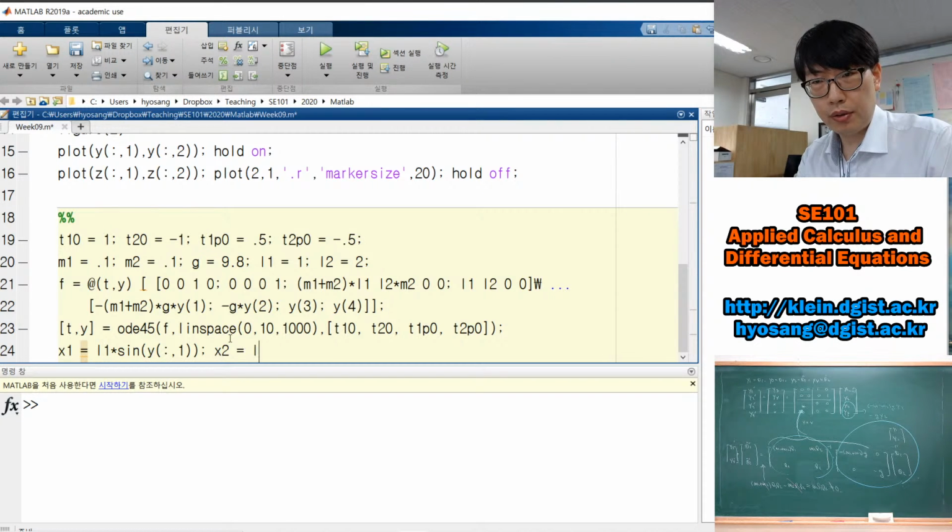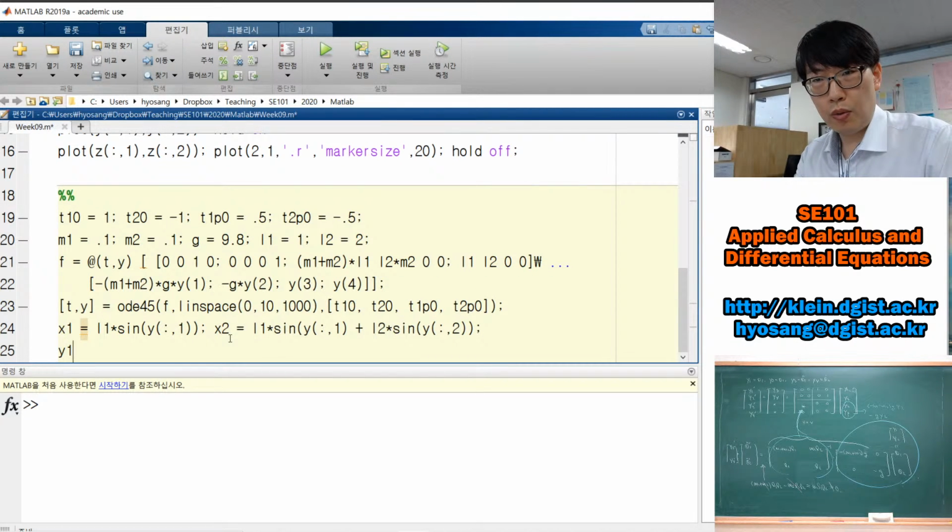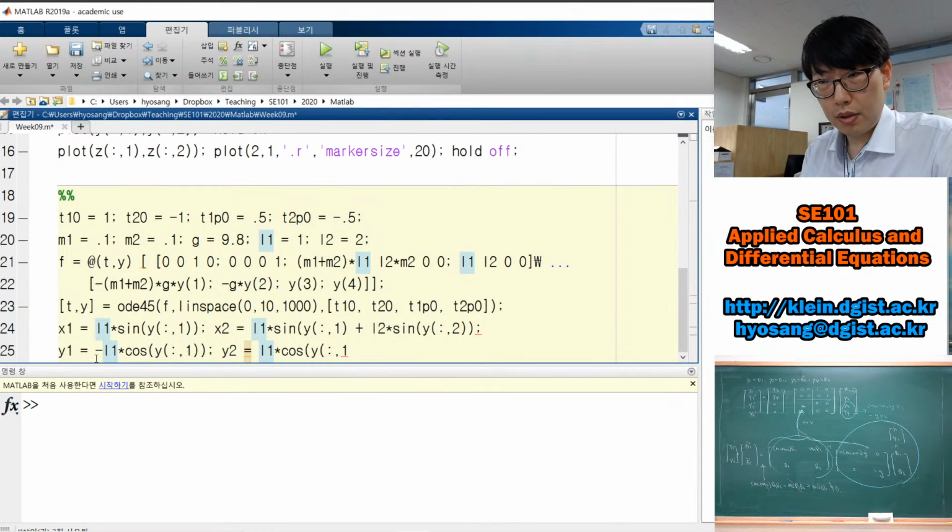And x2 is L1 sine y1 plus L2 sine y2, and y1 is L1 cosine y1 and y2 is L1 cosine y1, sorry, minus L2 cosine y2.